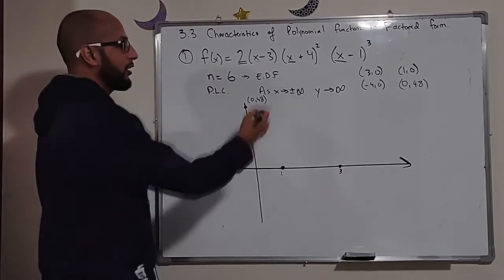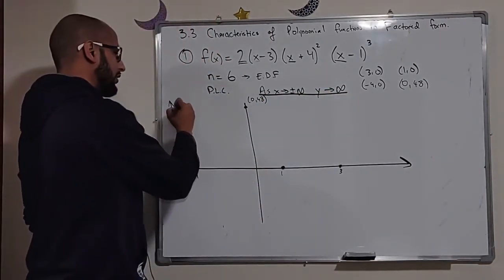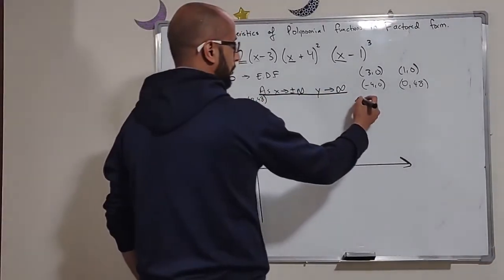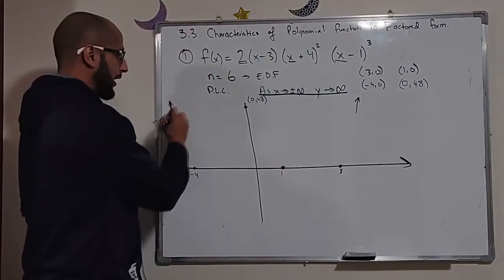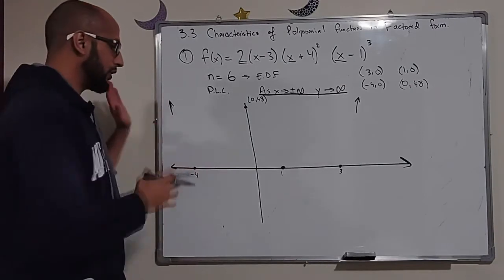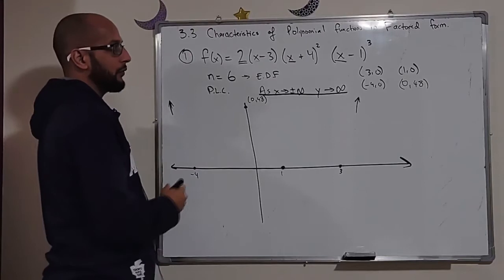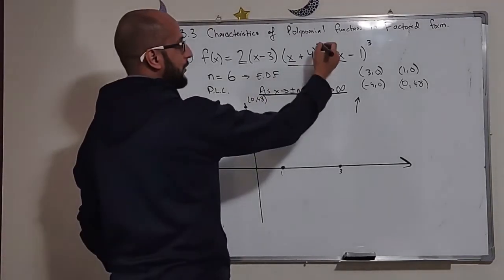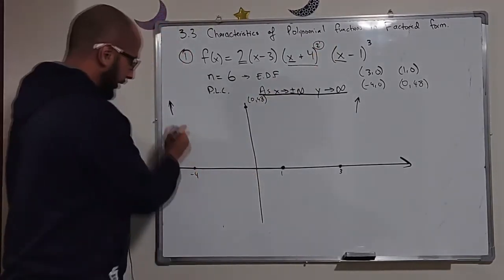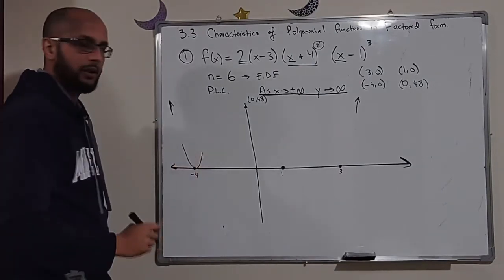Now we can start graphing. One more thing: we know the end behavior is as x approaches positive and negative infinity, y will approach positive infinity. So I know my graph eventually has to end up at the top. Easiest way to do this is start at the left and move right. First intercept is -4. The behavior at -4 is parabolic. It's coming from the top, so it needs to continue, and it'll have to be a parabola here.